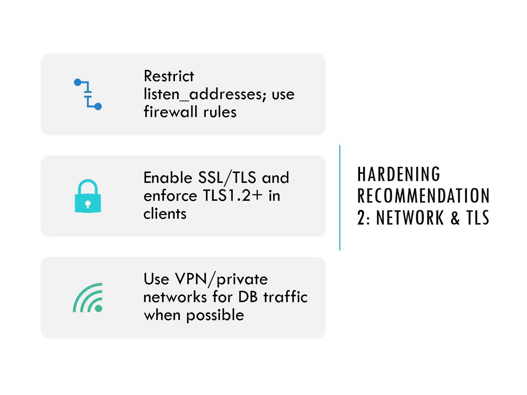Hardening recommendation 2 is for TLS. You would want to secure networking and limit listen addresses and place PostgreSQL behind internal networks or a VPN. You can use firewall rules to block public access to port 5432. You would want to enable SSL/TLS on the server and require clients to use TLS.